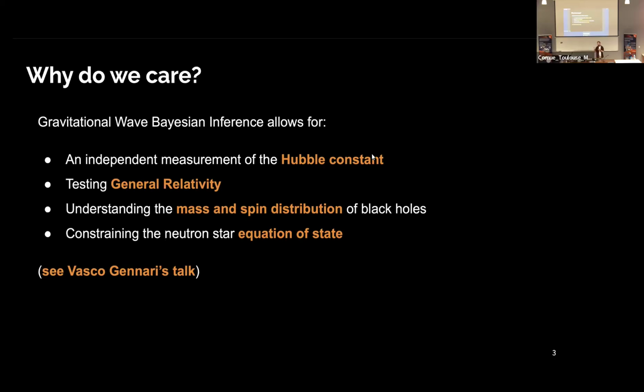So it allows us to say, are black holes 100 times the mass of our sun as likely as black holes 10 times the mass of our sun, for example? It can be used to infer how binary black holes form in the first place as well. We can also use it to constrain the neutron star equation of state, which is very exciting, as that is currently an unknown in our field at the moment.